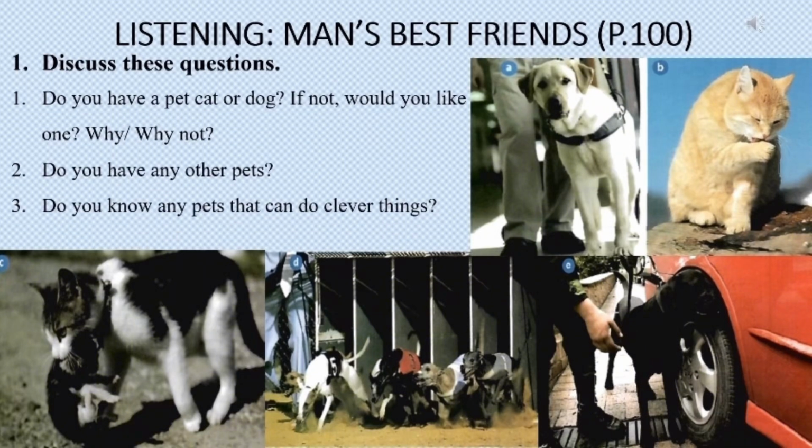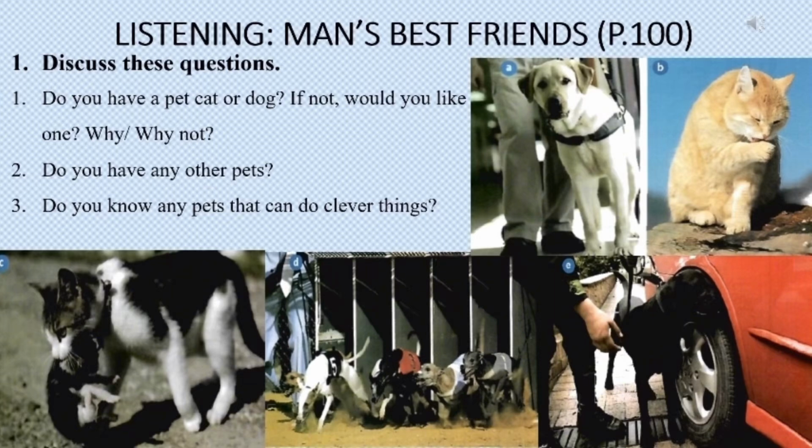Alright, everyone. We just finished the reading part about animals and their relationships with humans. You've learned a lot of interesting information, right? Now let's move on to the listening part to find out even more about why dogs and cats are called man's best friends.